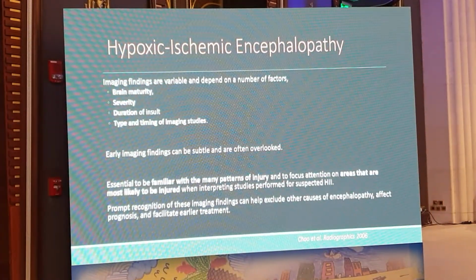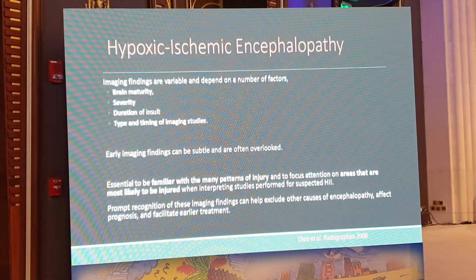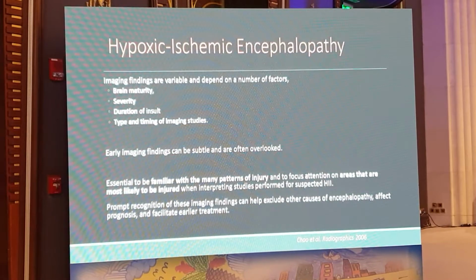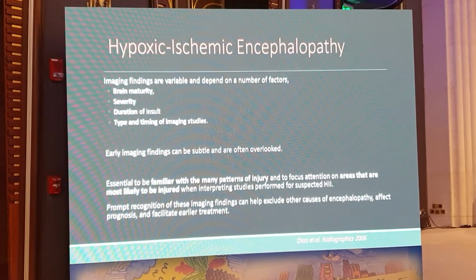Imaging findings are variable in hypoxic ischemic encephalopathy. It depends on the stage of brain maturity, term or preterm, the severity of the hypoxia or hypotension, the duration of the insult, and the type and timing of the imaging studies.